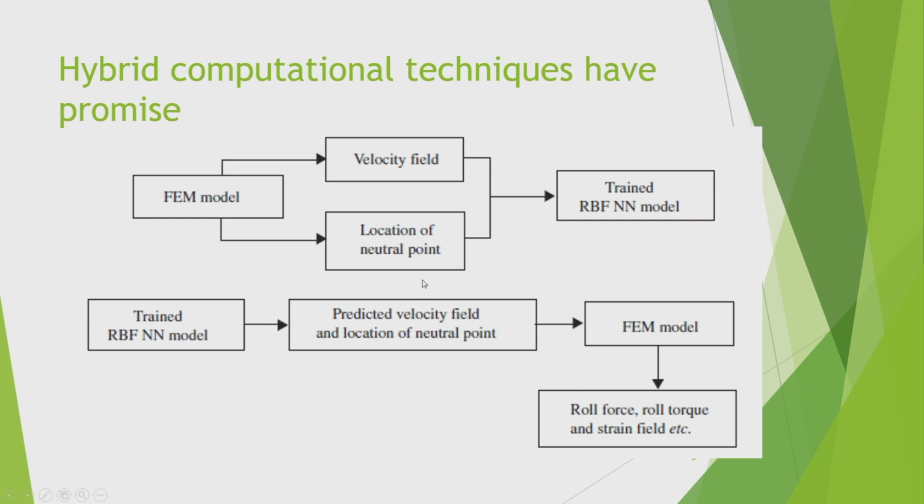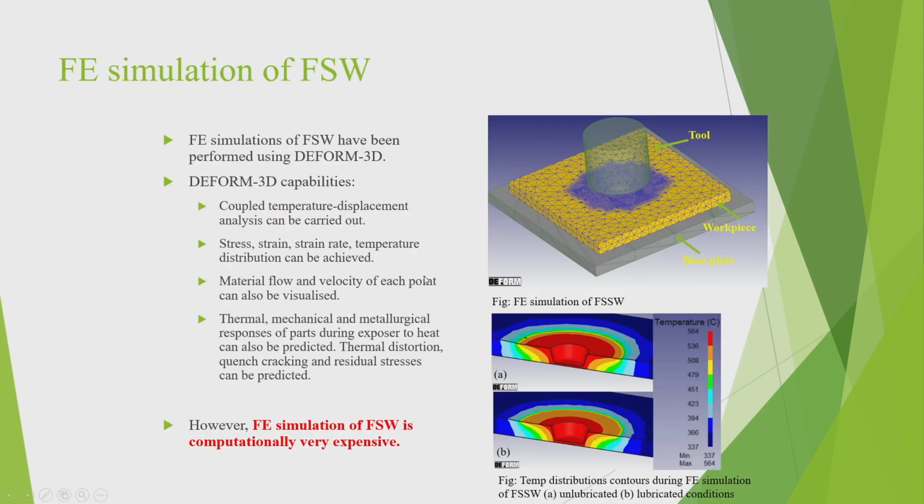So, this type of hybrid computational technique can also be adopted, and I am just giving one example of finite element simulation of the friction stir welding process. Now, in the FSW process, we have modeled using DEFORM 3D. DEFORM 3D has the capability to solve the coupled temperature displacement process.